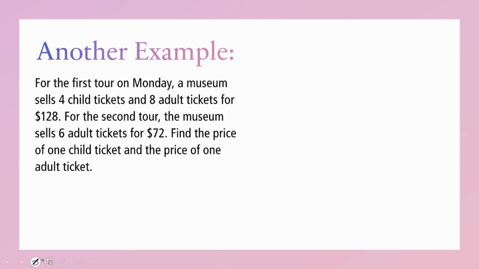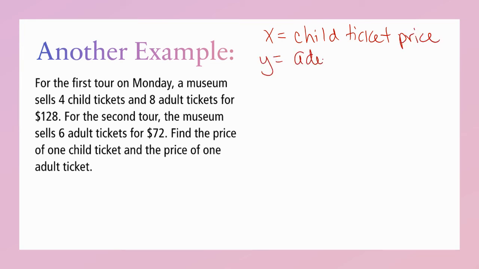Museum tickets. So we're talking about museum tickets. We have adult tickets and child tickets. So I need to say what my variables mean. I'm going to have x be a child ticket price, and y be an adult ticket price.